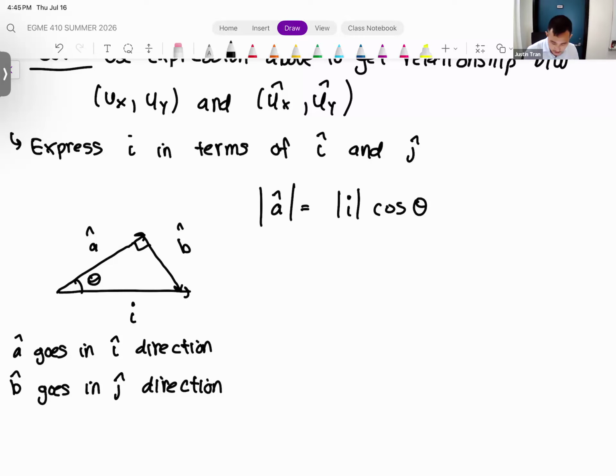In a similar way, we can express the length of the B hat vector as I, the hypotenuse, multiplied by sine of theta. We can simplify this a bit, because we know that I is a unit vector, and so the magnitude of I is just going to be 1.